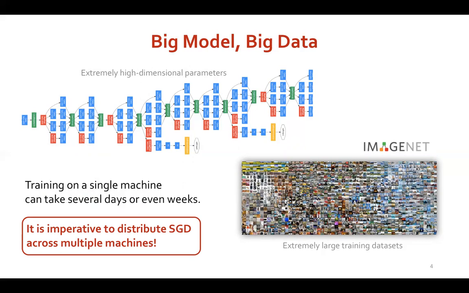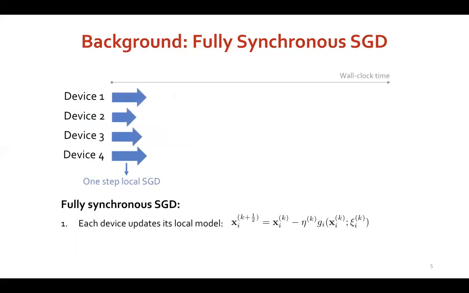A common way to distribute SGD is what is called fully synchronous SGD. This means that if you have a system of M workers, in this example 4 workers, then the data is partitioned across these 4 workers, and in every iteration, a worker takes a mini batch of samples from its own local dataset and performs one local step of SGD, which is shown by the equation here.